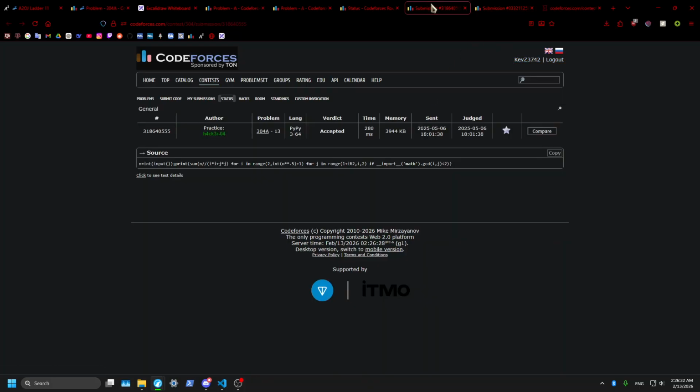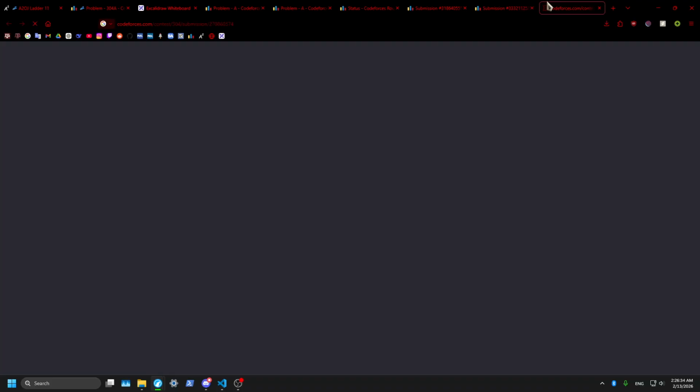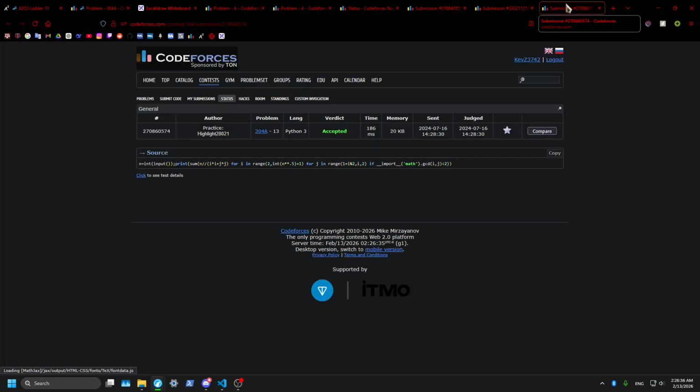What is FPC? Oh wait, this just doesn't help at all. Take an input, print sum in double divide i times i plus j times j for i in range. I don't understand what's happening.